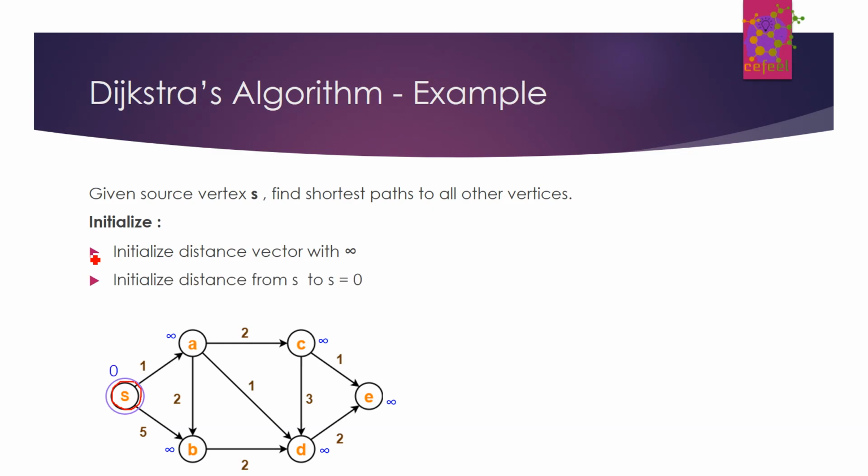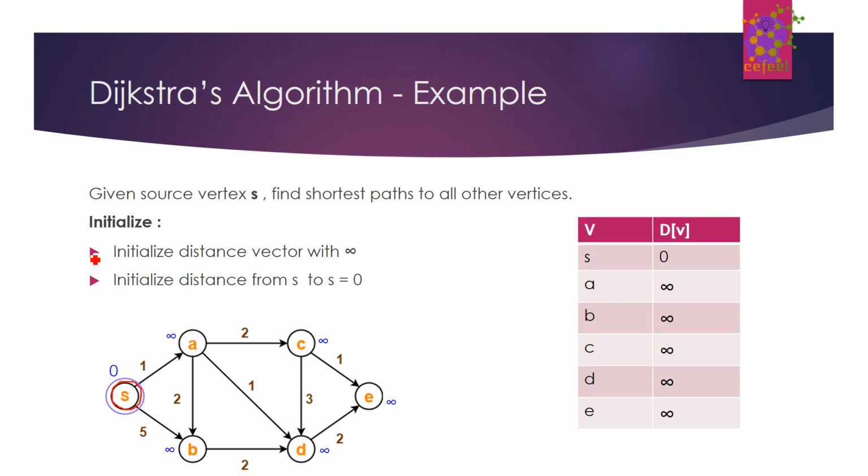And I'll set the distance from S to S as 0 because we are already at the source vertex. So this is how our distance vector looks: the distance of S is 0, whereas all others are infinity. As we have just initialized, now let's go ahead and apply the algorithm step by step.